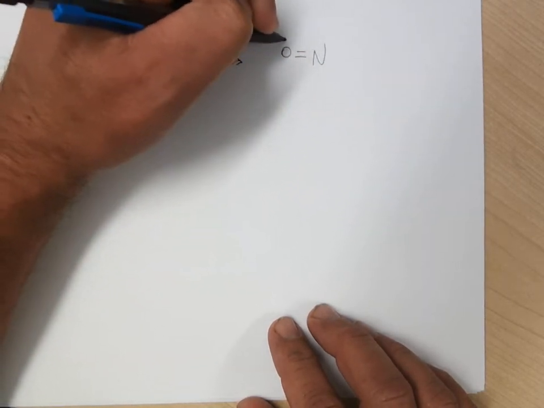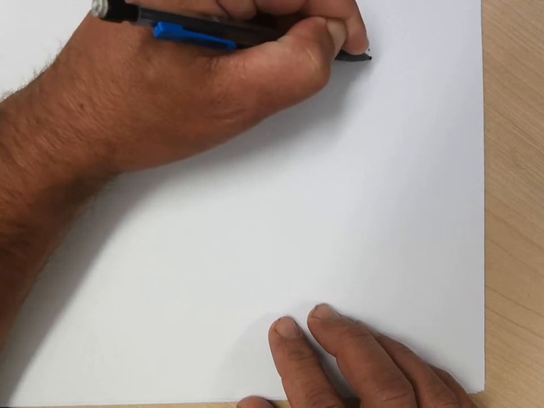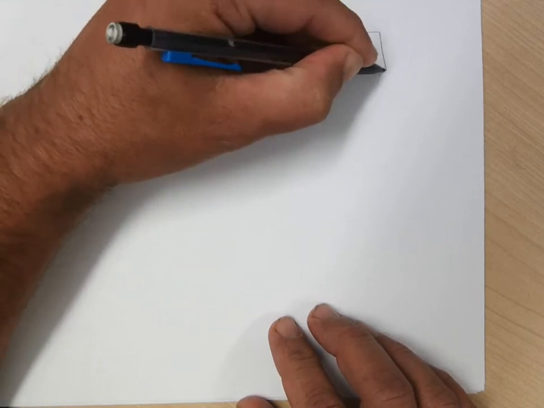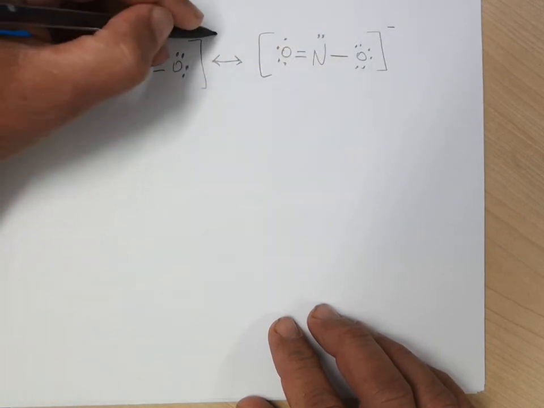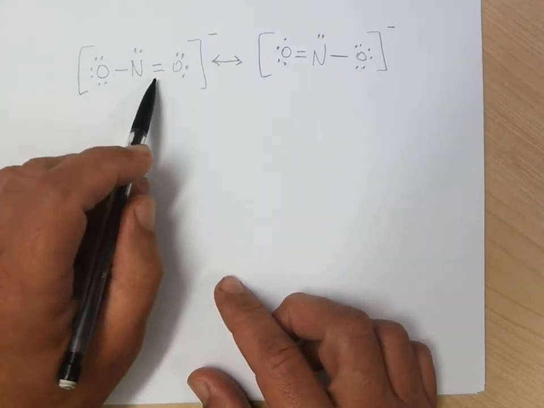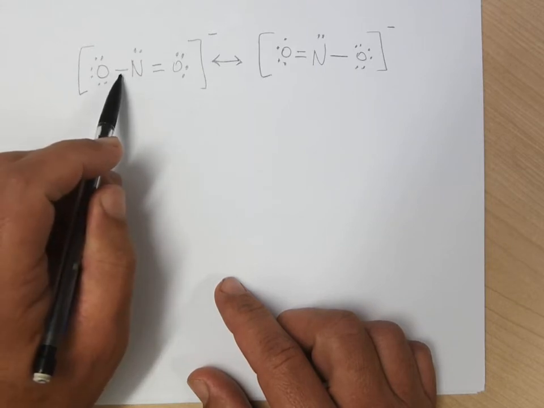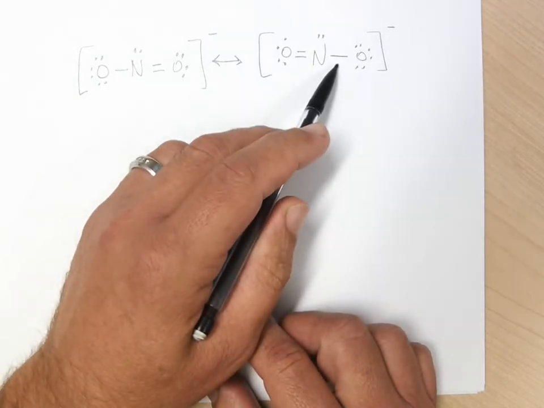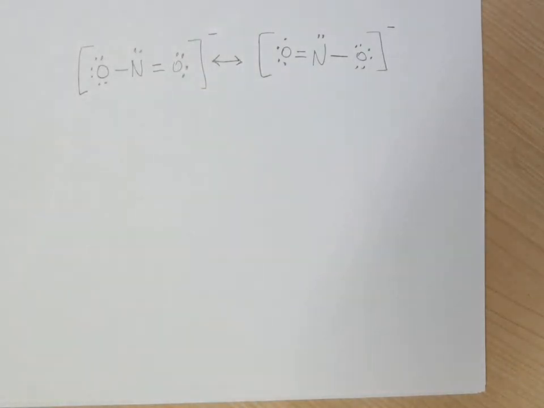So we draw the two different individual pictures, which averaged collectively is a better representation of the molecule. So if in the left structure the left bond is longer, in the right structure the right bond is longer, in the average of the two structures the bond lengths are equal.